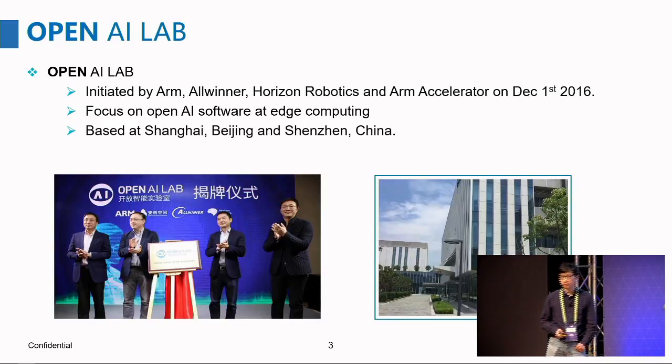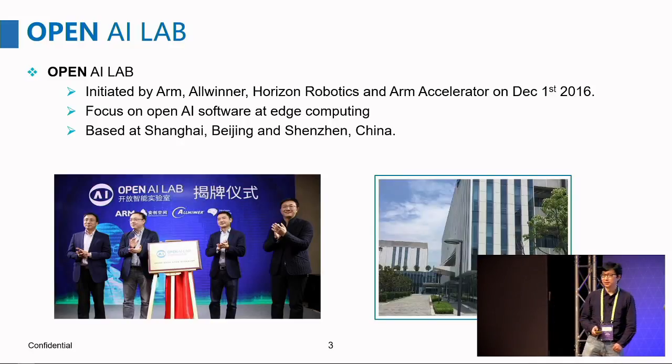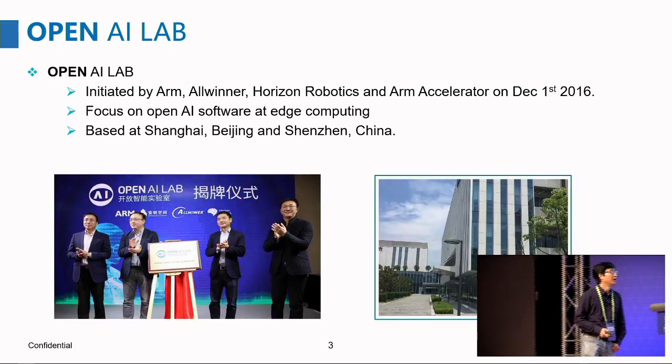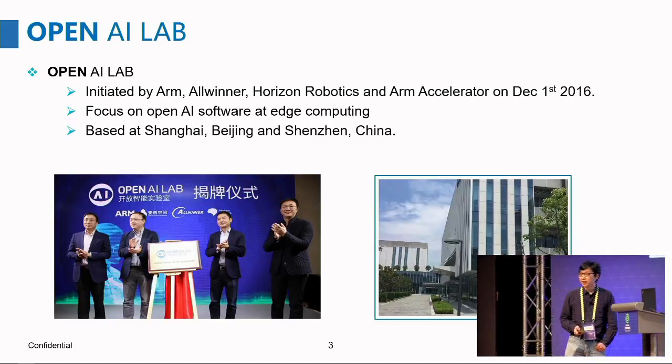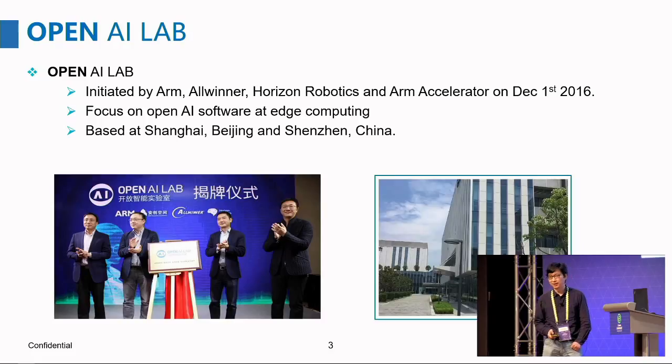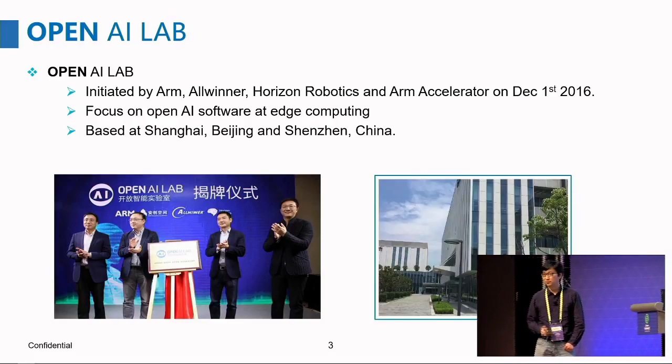This edge including edge gateway and device. So we focus on embedded device, it's AI software platform. Our headquarters in Shanghai also have a division in Beijing and Shenzhen. I'm based in Beijing.